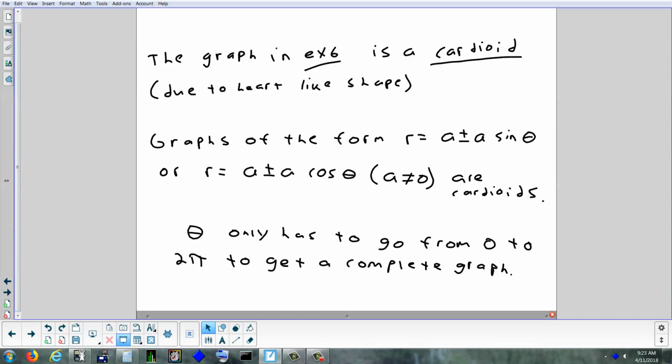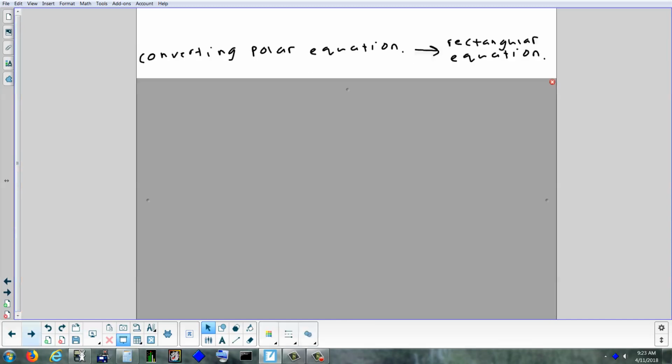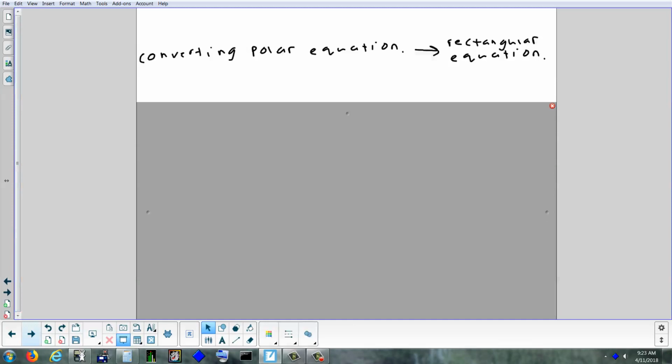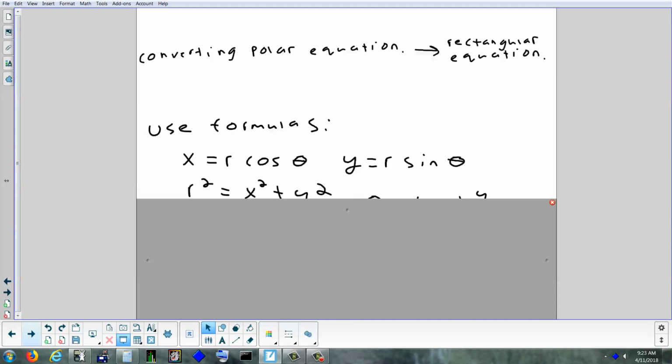All right, so now we're going to take a look at how we can convert an equation that's in polar to rectangular. So in polar, you've got r's and thetas. In rectangular, you have x's and y's. Well, we've already got all the formulas to do that right here.